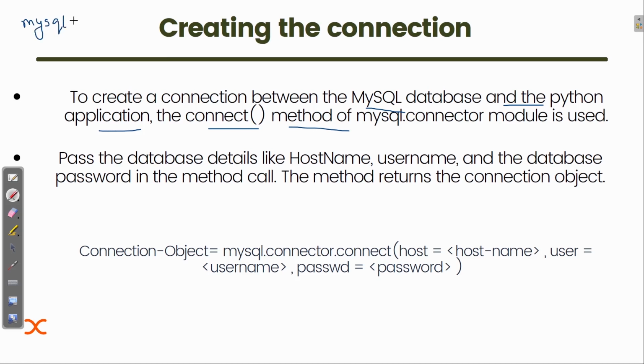If you remember how we used to access the functions of a specific module, we write the module name, mysql.connector, and the method we need to use to connect is the connect function. Inside the brackets, you need to pass some arguments.